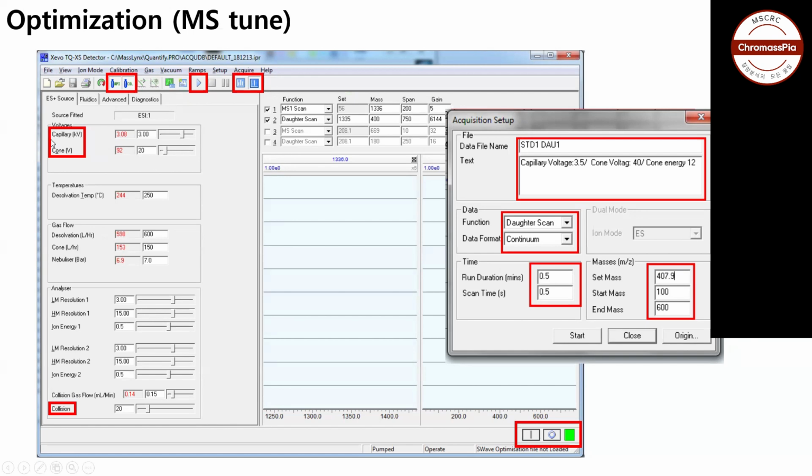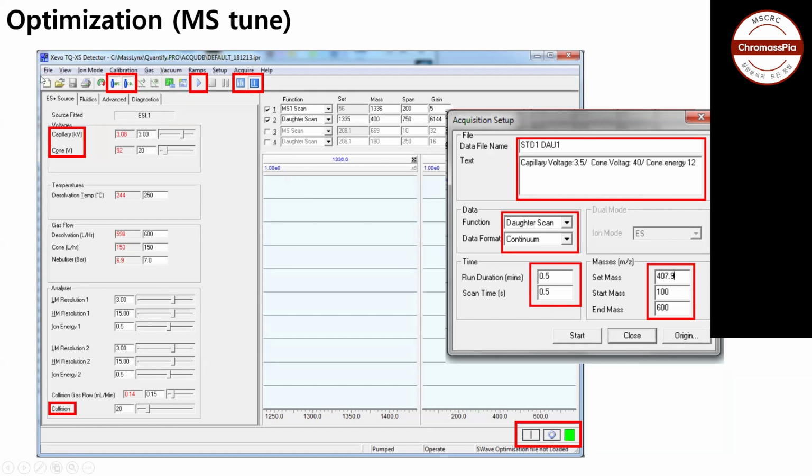With the capillary and cone voltage, we can find the precursor ion and the voltage at which its intensity is highest. And after finding the precursor, we can find the collision energy that makes the product ion's intensity highest.